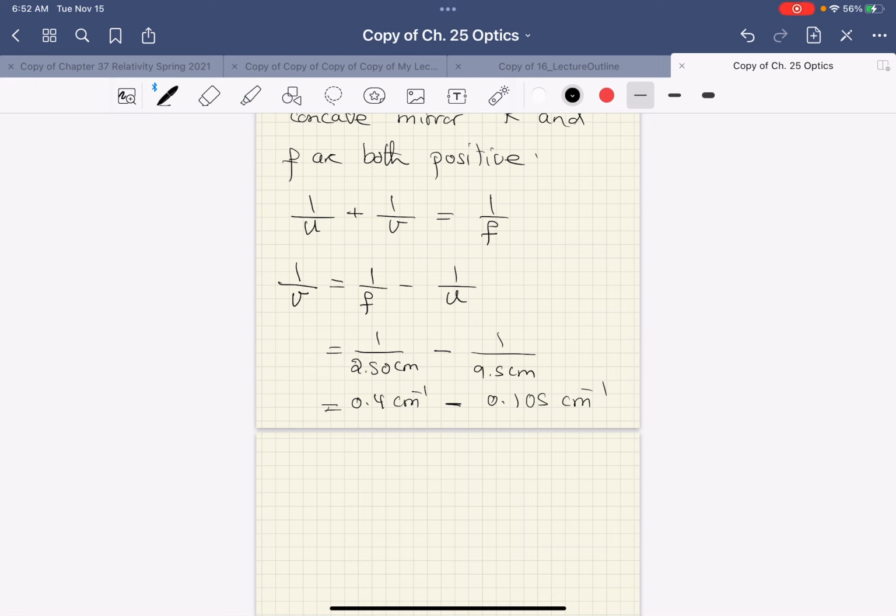Then I'm going to subtract these two numbers, and that is 0.295 per centimeter. I need V, therefore I want to take 1 over this number, and that is 3.39 centimeters.